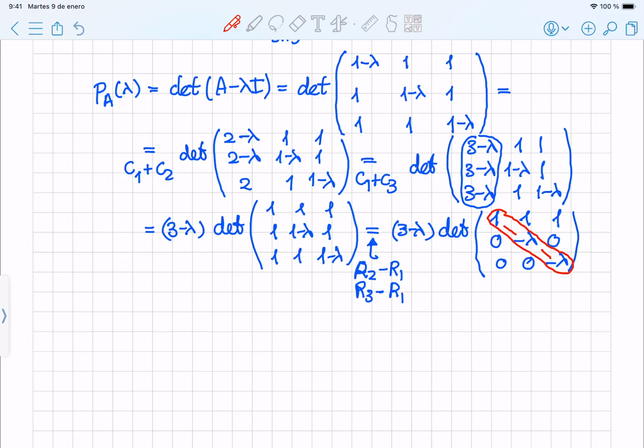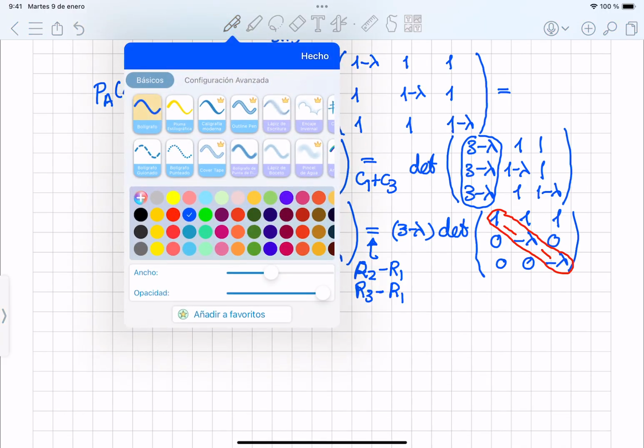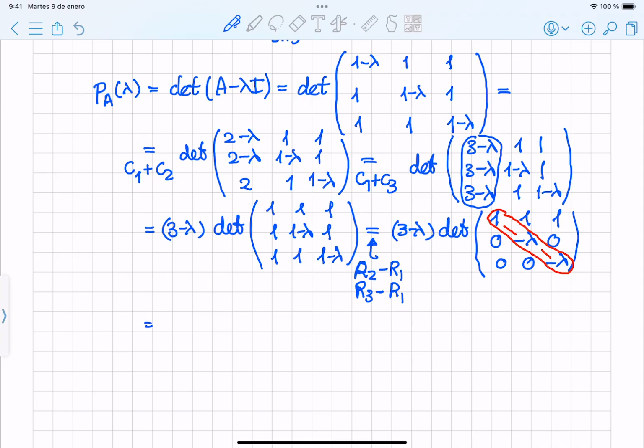This is what we call an upper triangular matrix. And for an upper triangular matrix, the determinant is always, and this is very important, always the product of the main diagonal. So as a result, this is 3 minus lambda times 1 times minus lambda times minus lambda.